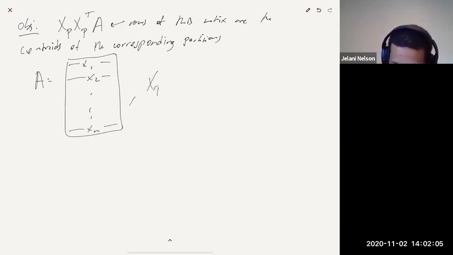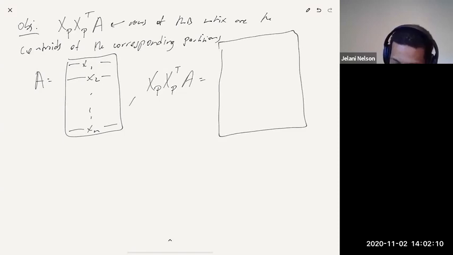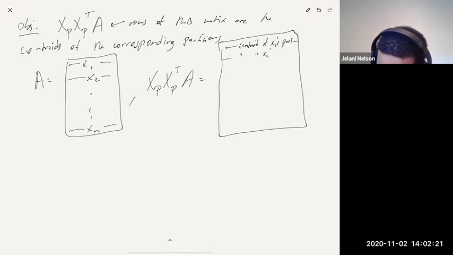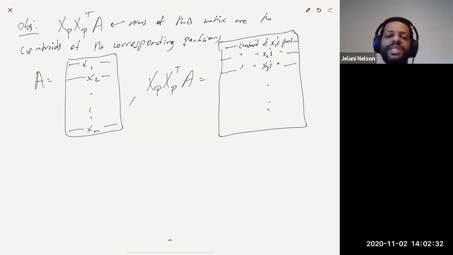And then you look at this matrix, X_P transpose A. What I claim is that it just maps each row to the centroid of the partition that row is in, according to the k-partition P. That's just a fact based on how we defined X_P. That's pretty easy to verify, which I'm not going to spend time on right now.